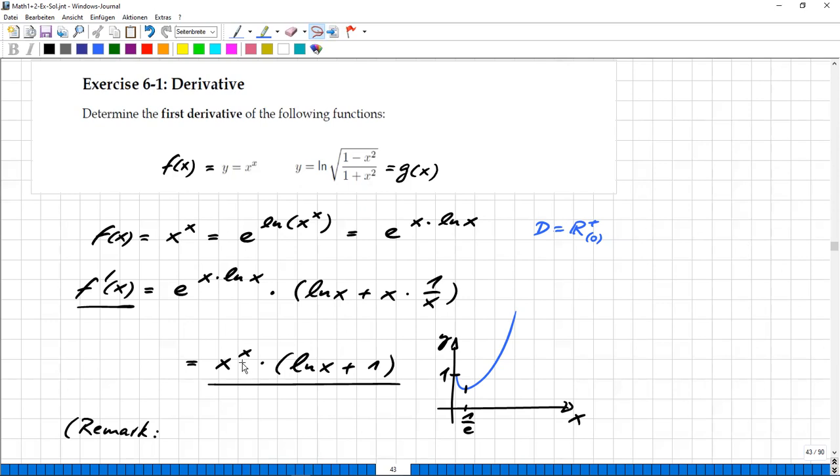And the interesting result is that this function has basically the same feature as any exponential function, namely that it appears in its own first derivative, but we have an additional so-called growth factor, which is in this case even increasing while x increases.